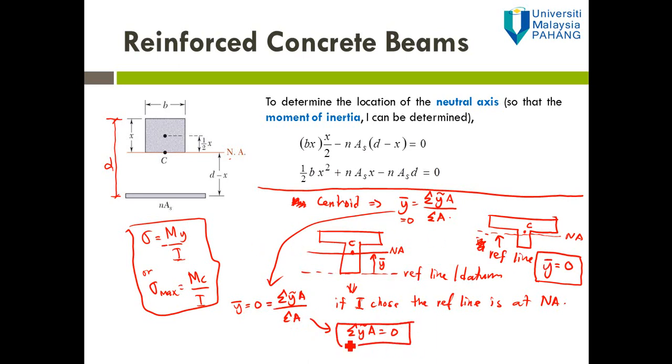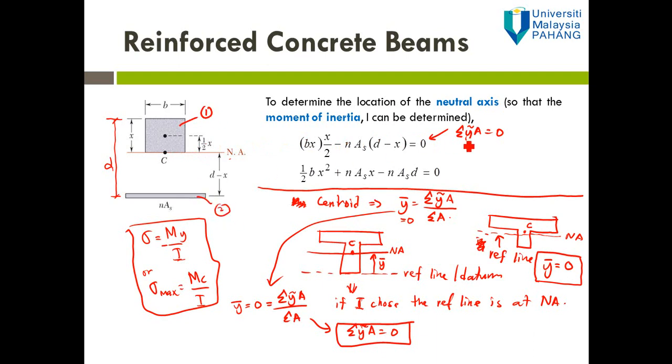So we can apply the summation of yA equal to 0 to determine the location of the neutral axis. This basically comes from the summation of yA equal to 0. For example, we have two parts here. This is simple part number 1, this is simple part number 2.